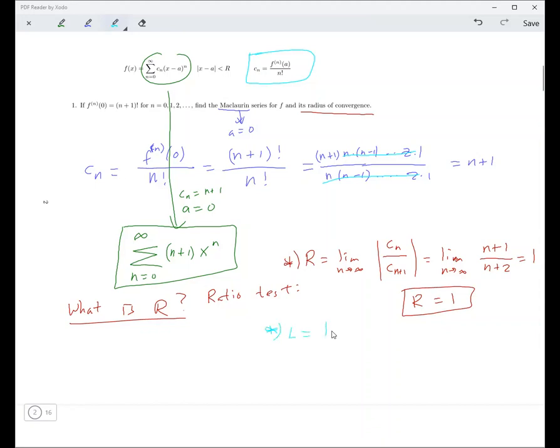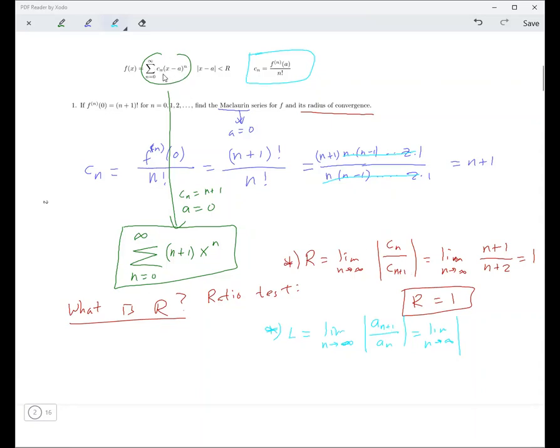Just go back to what we did before. And this is a sub n plus 1 over a sub n, just to calculate this L. And this one right here, which is the original series, we use these as the a sub n.